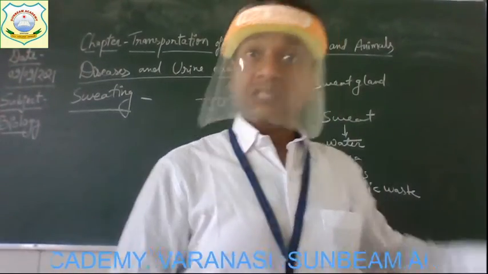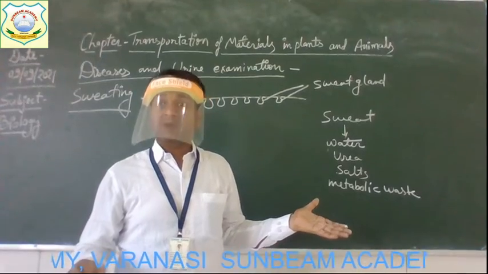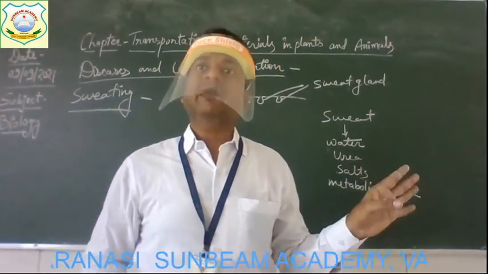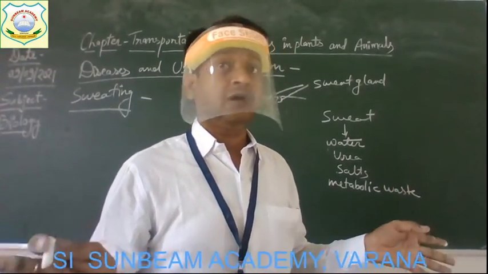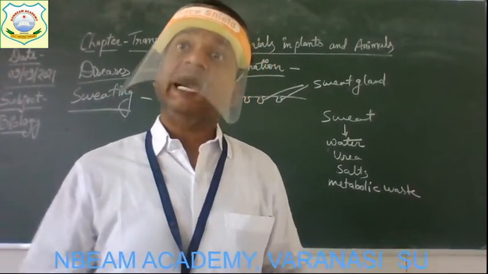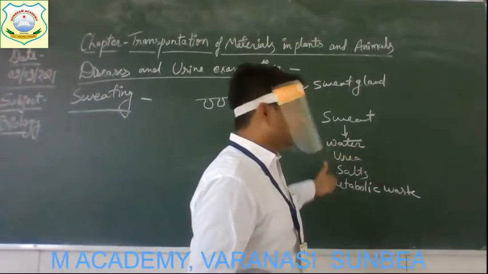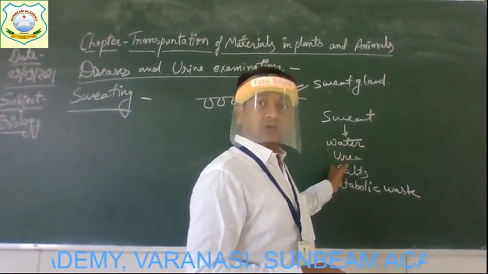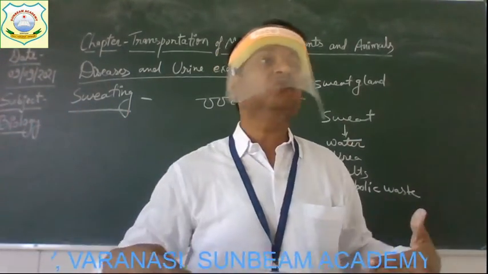Get it? So this is also a way of removal of waste material from the body. Kidney is one of the important systems of the body by which the important waste, that is urine, gets removed. But along with the urine, some other wastes are also present in the body. They are not urine, but they are also waste. And you know the meaning of waste: something which is not useful for us.